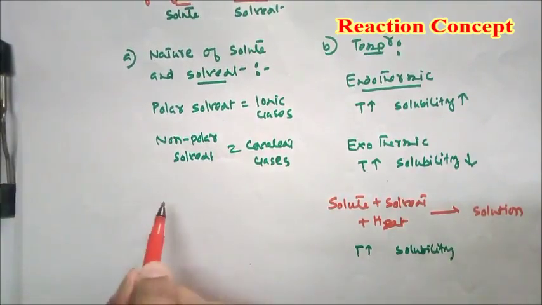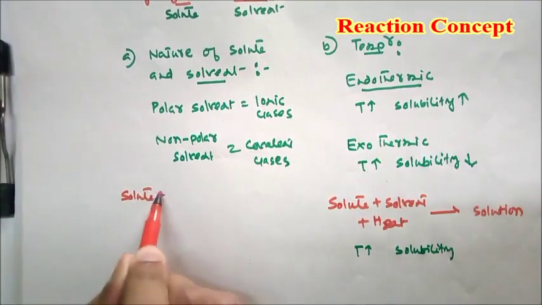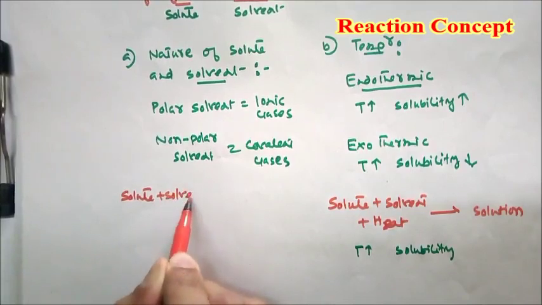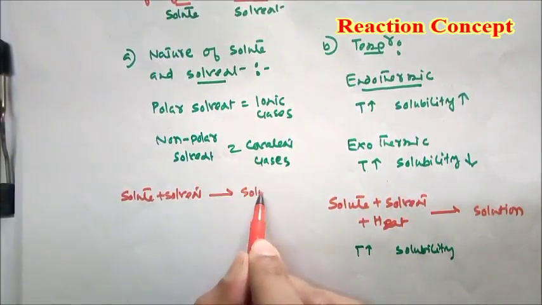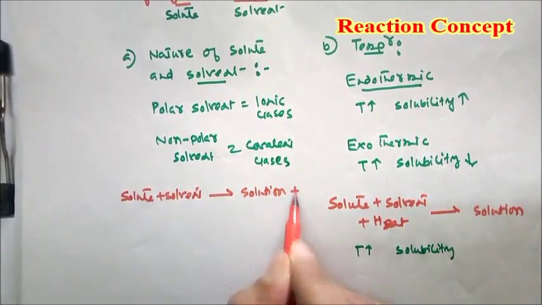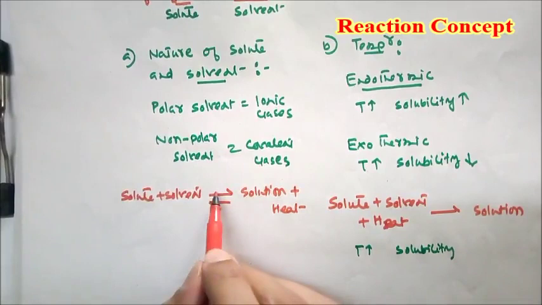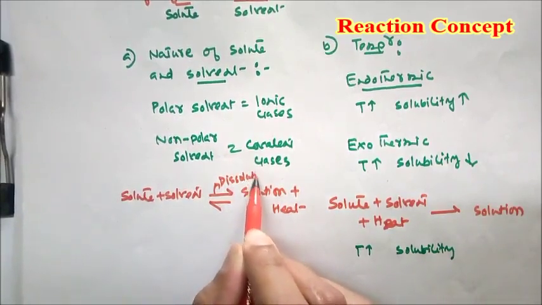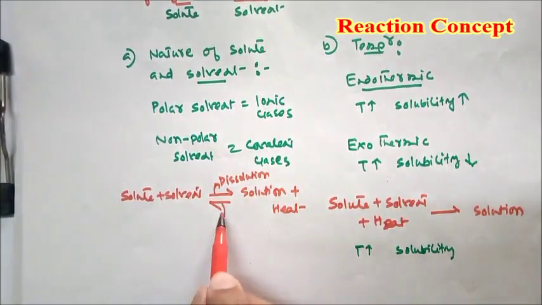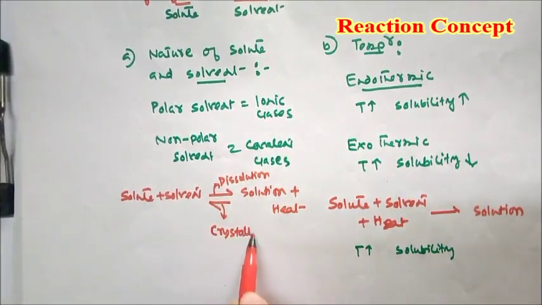Whereas in case of exothermic process, if we dissolve a solute in a solvent, it will give rise to a solution with release of some amount of heat. This forward process is called dissolution, and this backward process is called crystallization, as I mentioned earlier.